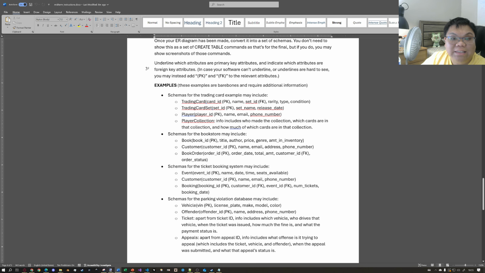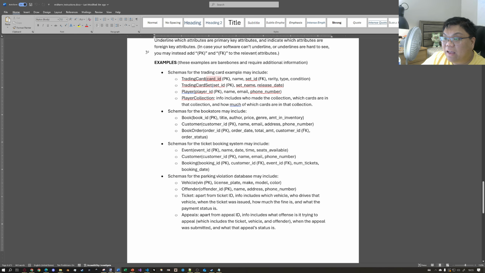Oh, by the way, just in case you can't properly underline anything, just add PK for primary key or FK for foreign key. So, for example, I did not underline any of the attributes here because they just disappear with a red squiggly underline. So card ID would be the primary key for a trading card. Set ID is a foreign key, which appears in trading card set.